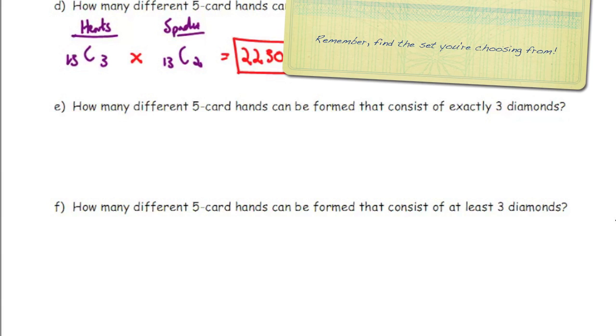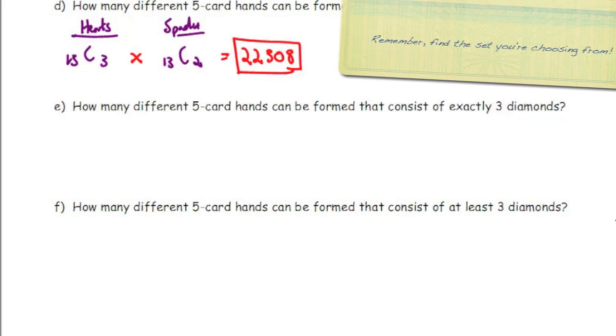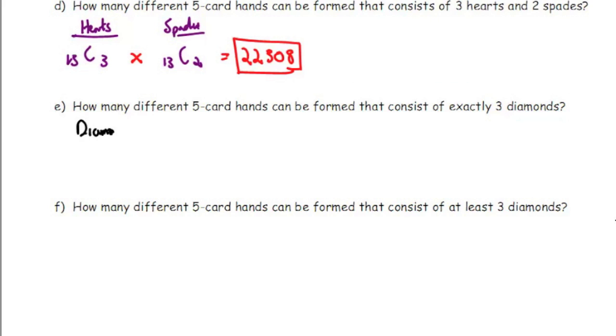What about E? How many different 5-card hands can be formed that consist of exactly 3 diamonds? Aha! Well, this is an interesting kind of question, because now we have this idea of diamonds, and we only have 13 to choose from, and of that we're going to select 3.